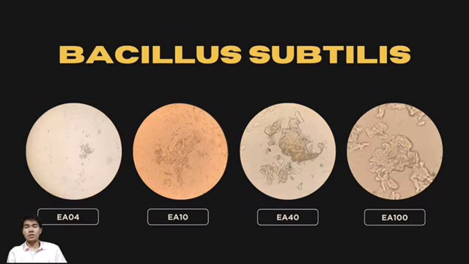Then the third one is the Bacillus subtilis. It is commonly found in soil and associated with a wide range of ecological roles. The shape is rod-shaped bacterial cells, that is why it is called bacilli, that may form chains with a color that depends on the gram staining, but often appears pink or purple.